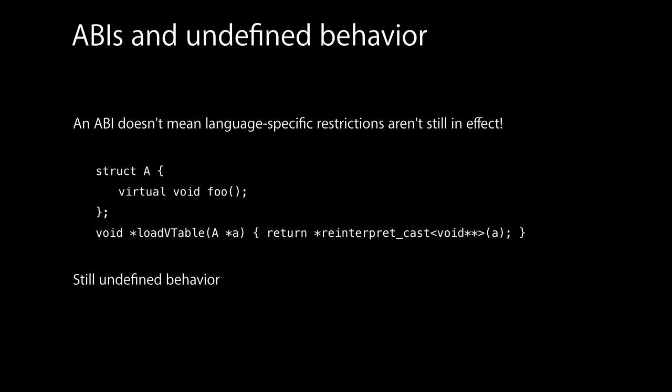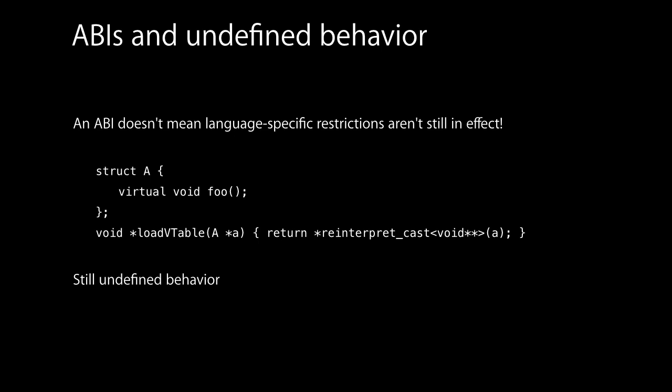So having described that at a very high level, I want to make one important caveat about what an ABI really is. An ABI describes what the implementation does. That doesn't mean it actually changes how the language works. For example, in C++, the Itanium ABI says that there's a vtable pointer at the beginning of any struct with virtual functions.